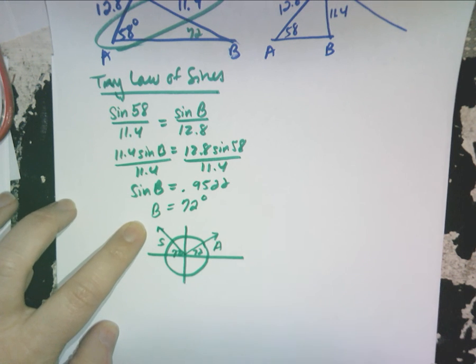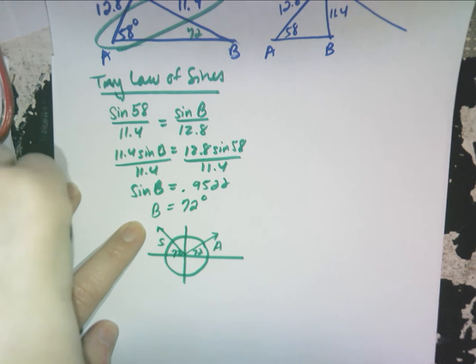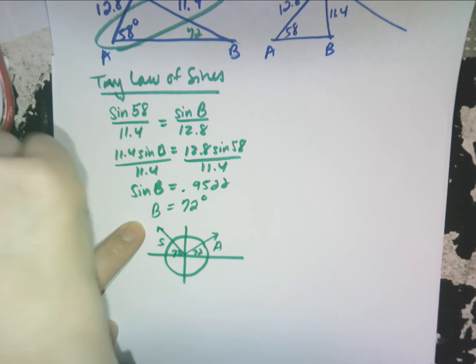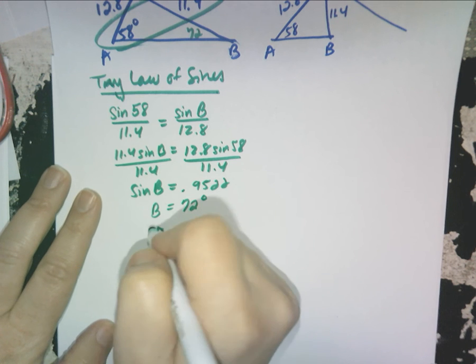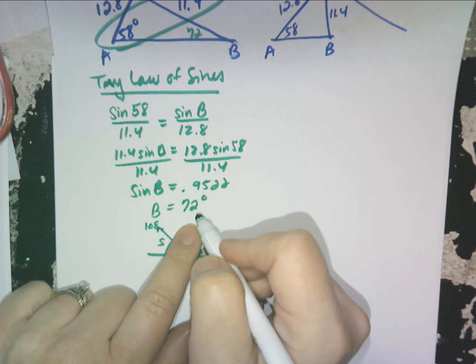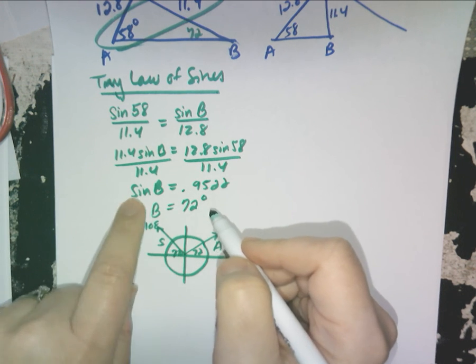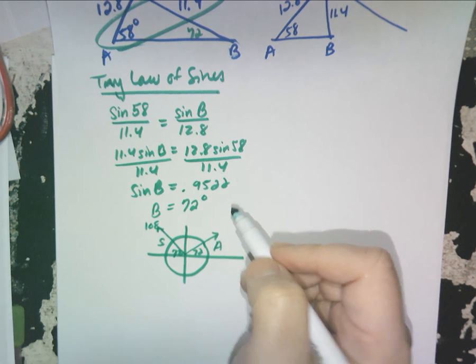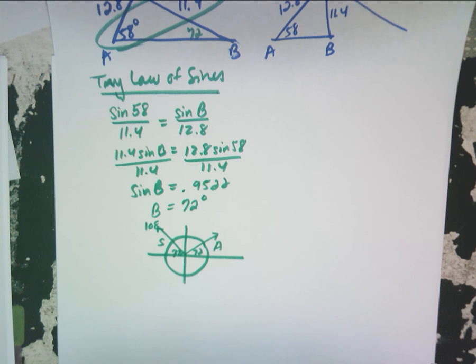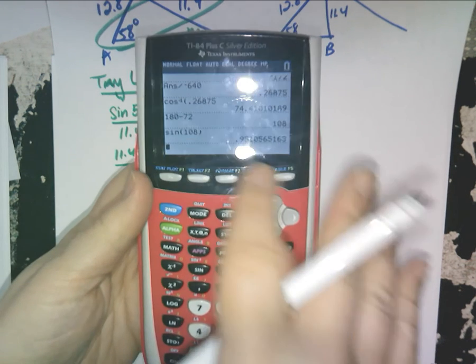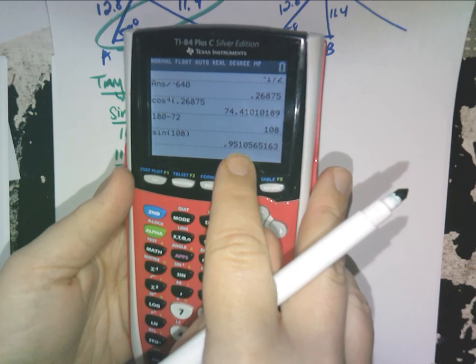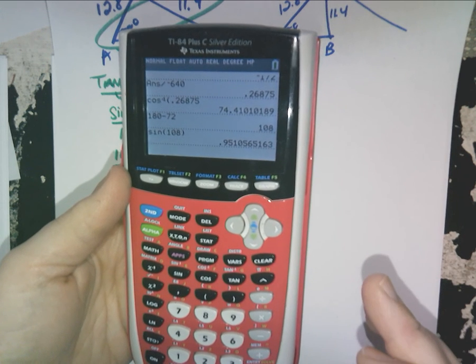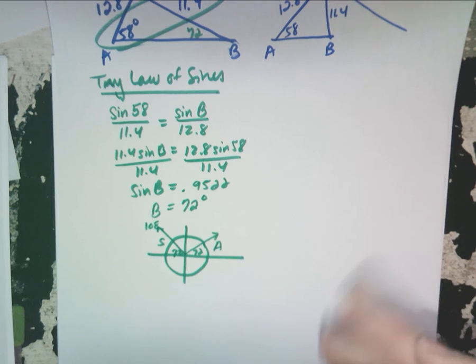What are you doing in your head right now? You should be subtracting from what? 180 minus 72 is 108. B could be 72, but if I take the sine of 108, I'd also get 0.9522. Do it right now. Sine of 108, 0.951, okay, but close. Roughly the same thing.